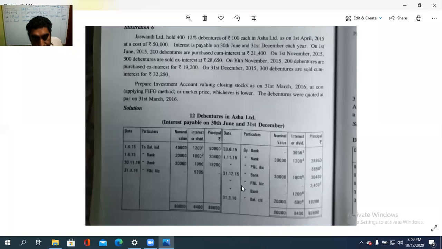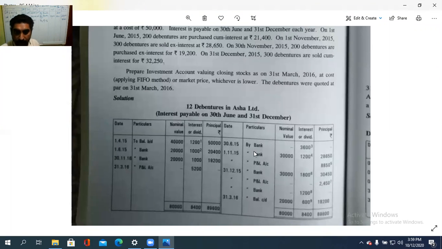Then comes after that, what are the entries? On 31st December 2015, 300 debentures are sold at cum interest. So here by P&L, which day? 1/11/15 and the next is 31/12/15, by bank. How much is the amount? 30,000. So 300 debentures, so 30,000.